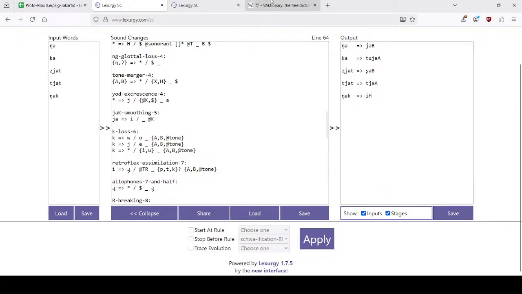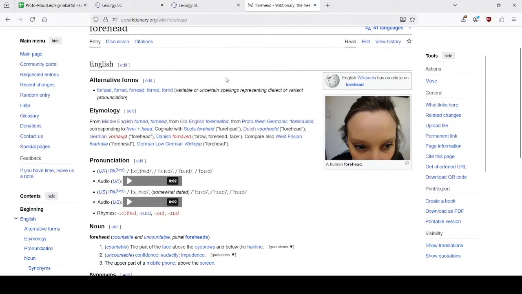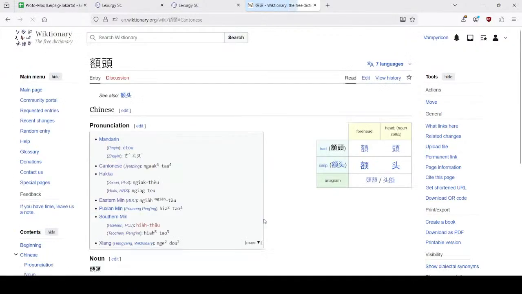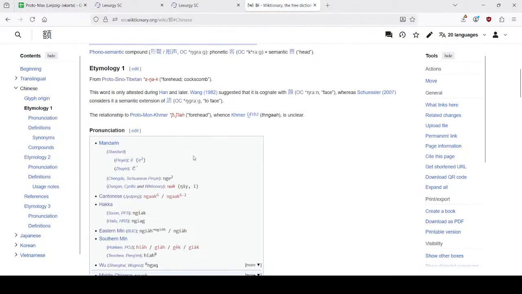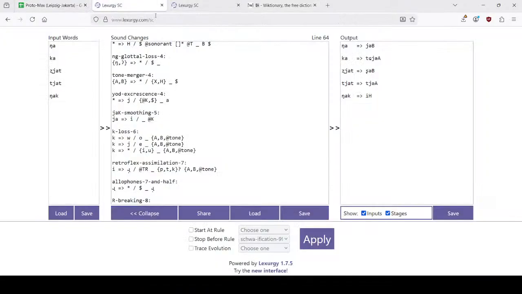But if we look at the word forehead, or as the old RP people used to say, horrid. I think it rhymes with horrid. This is wrong.